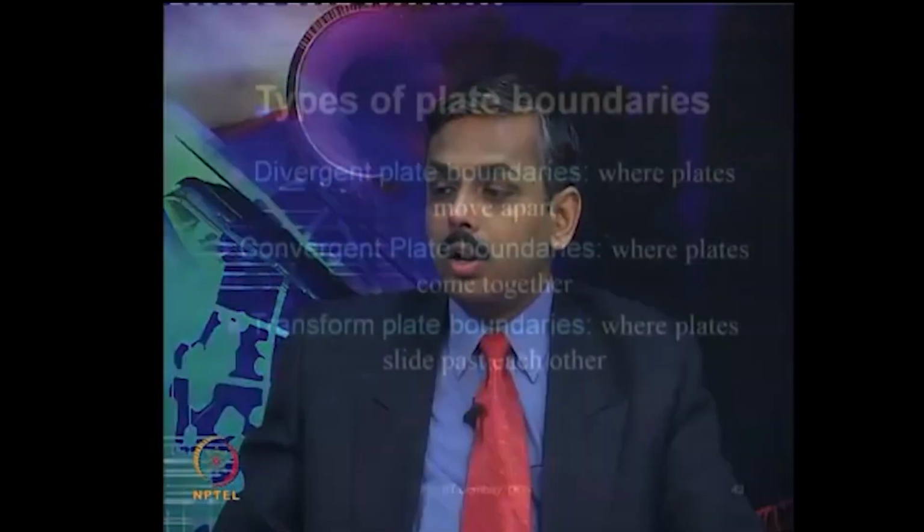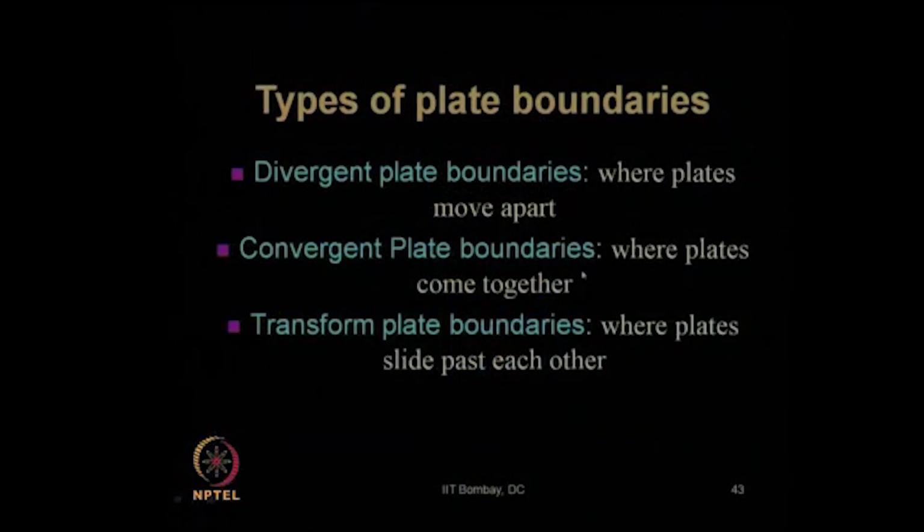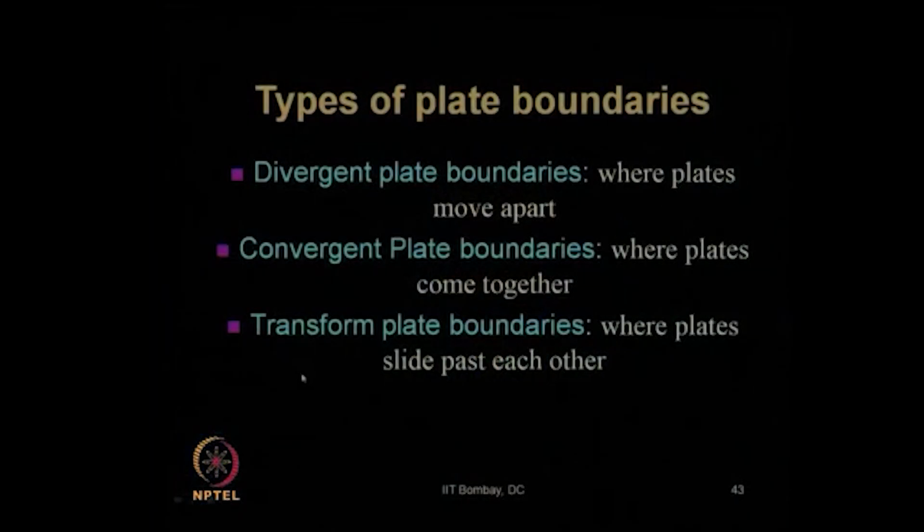The next one is called convergent plate boundaries, that is when two plates are coming together or converging to each other. And the third one is called transform plate boundaries.